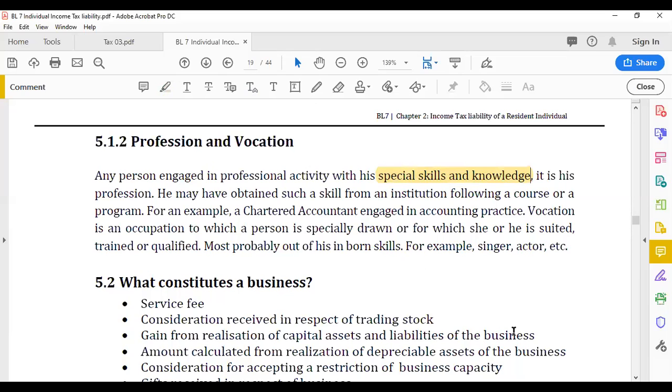He may have obtained such a skill from an institution following a course or program. For example, a chartered accountant engaged in accounting practice, right? Vocation is an occupation to which a person is specially drawn or for which she or he is suited, trained, or qualified. Most probably out of his born skills. For example, singer, actor, like that.